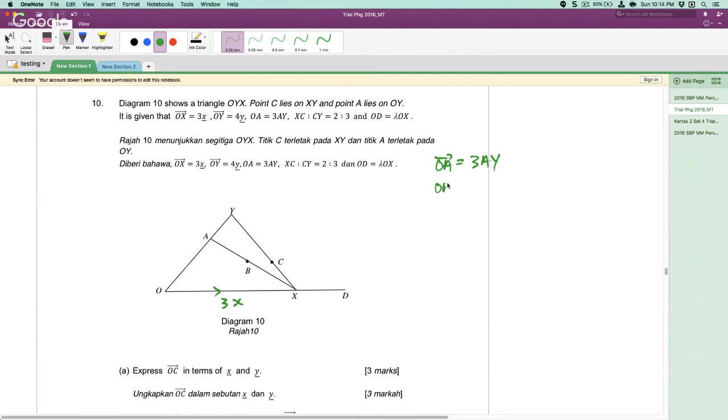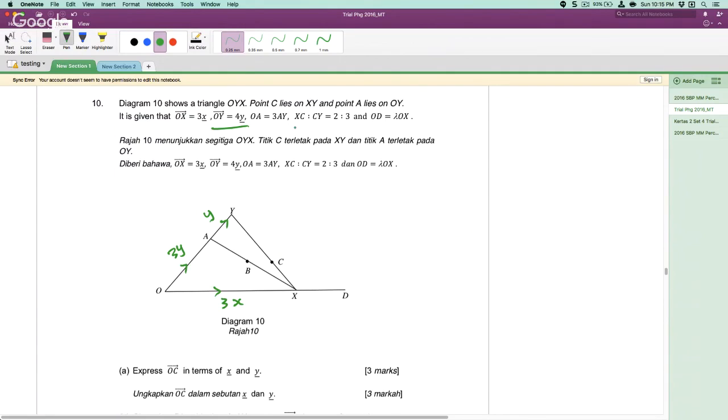I know OA over AY equals 3/1, so the ratio OA to AY is 3 to 1. If this is 3 and this is 1, the total is 4y because the question says OY is 4y. So this should be 3y and this should be 1y. Sometimes when I'm given this equation, I tend to change it into ratio form so it's easier for me to understand.